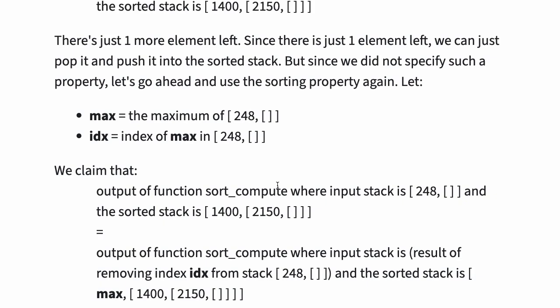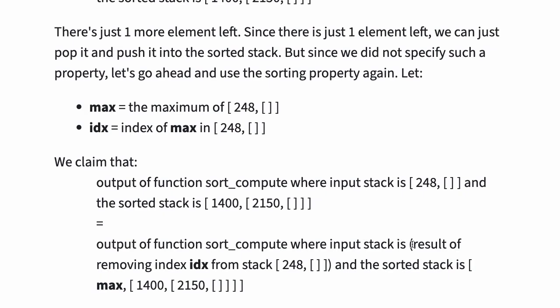Then we claim that the output of the function where the input stack is 248, and the sorted stack is 1400, 2150, is equal to the same function where the input stack is the result of removing index IDX from stack 248, and the sorted stack is max 1400, 2150.